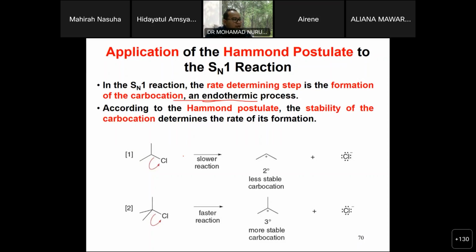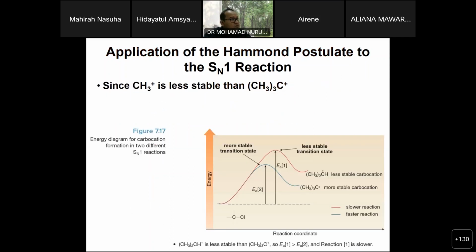Here, this is the secondary alkyl halide, and this is the tertiary alkyl halide. As we know, they favor the more stable carbocation, which is the tertiary carbocation compared to this one.